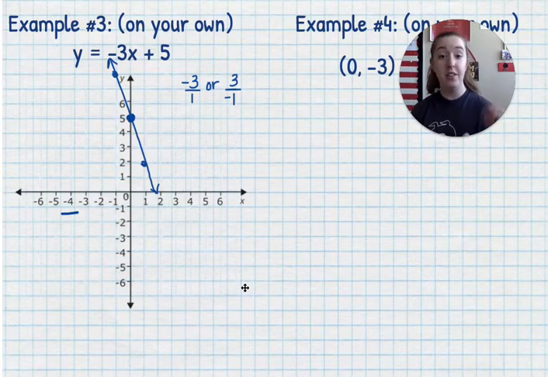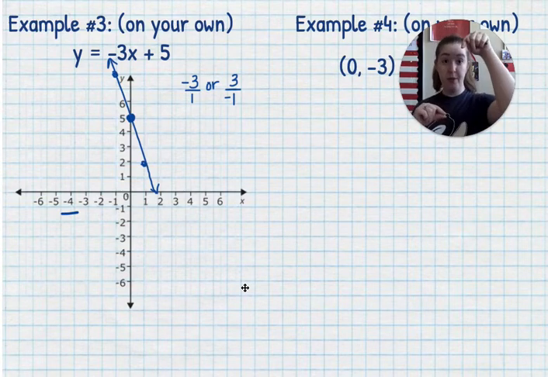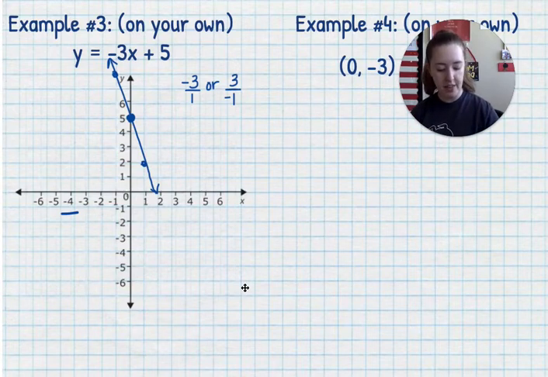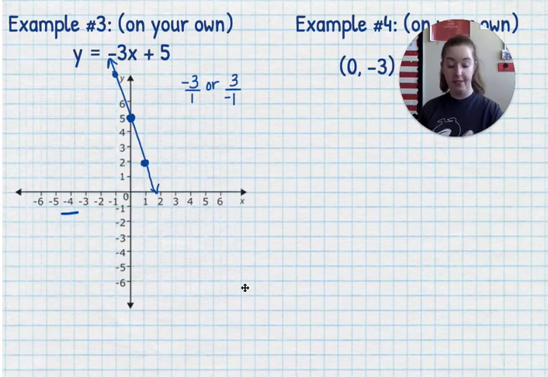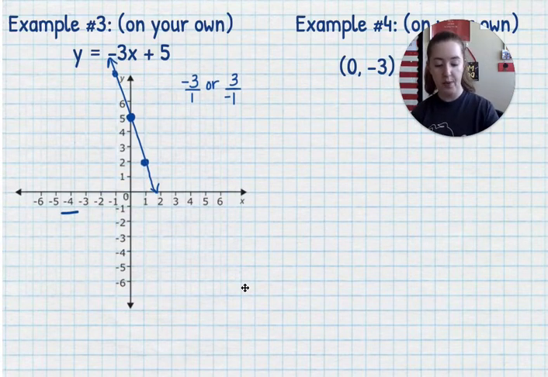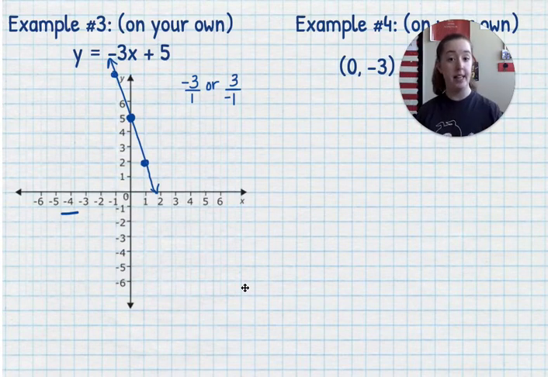So I could either rise -3, which means go down 3 and to the right 1, and that's how I got this point right here. And then to get the point on the left, I had to go up 3 and to the left 1. So we can still kind of put those negatives where we'd like them to be.